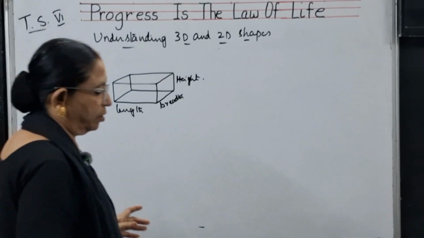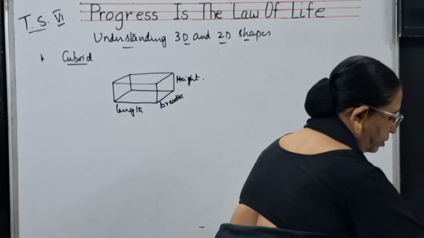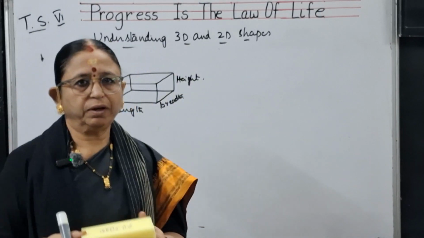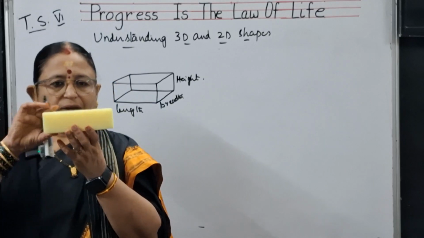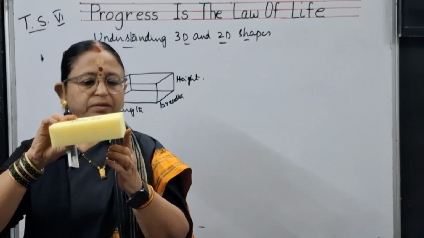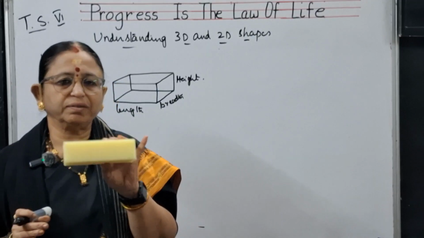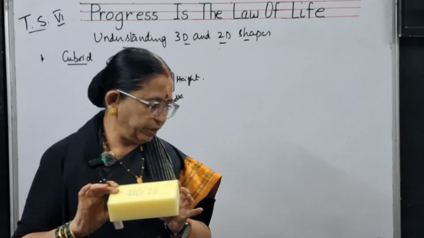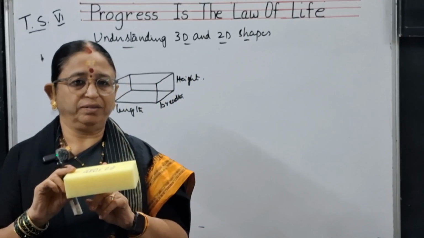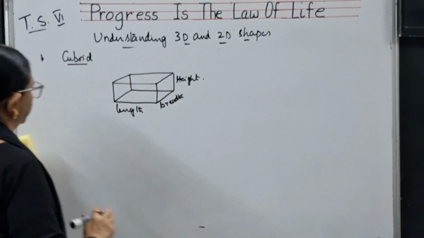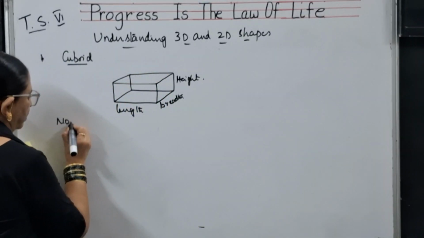So let me show you a shape of a cuboid. This is a cuboid, children. It has got length, it has got breadth, it has got height. So as we have discussed earlier, this cuboid has got faces. So how many number of faces are there?